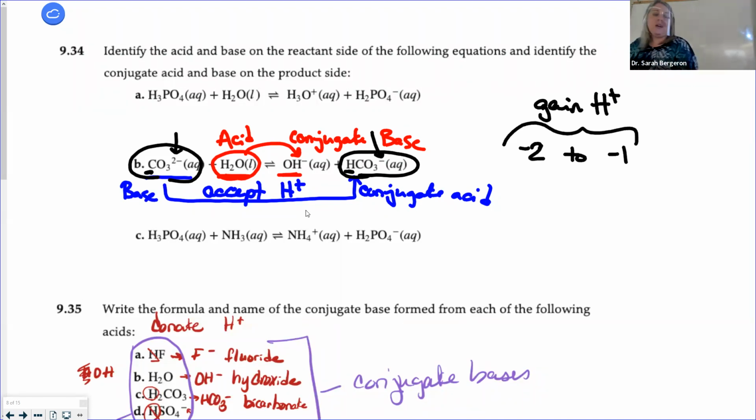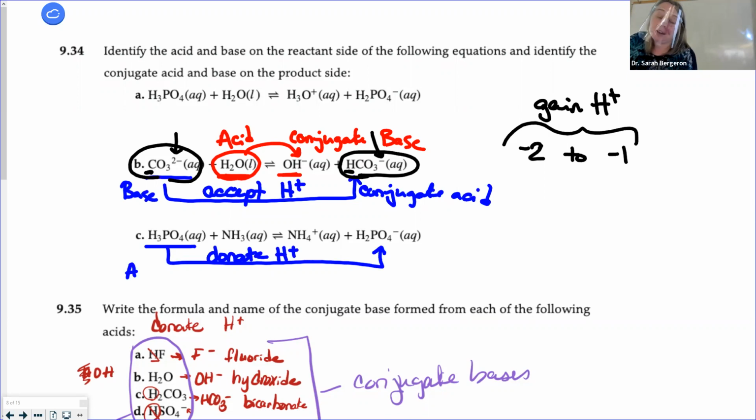Okay. C, H3PO4 going to H2PO4 minus. What happens? Donate or accept hydrogen? Donate. Okay, so we call H3PO4 an acid, right? If you donate hydrogen ions, you're an acid. And then H2PO4 minus is the conjugate base. Okay.